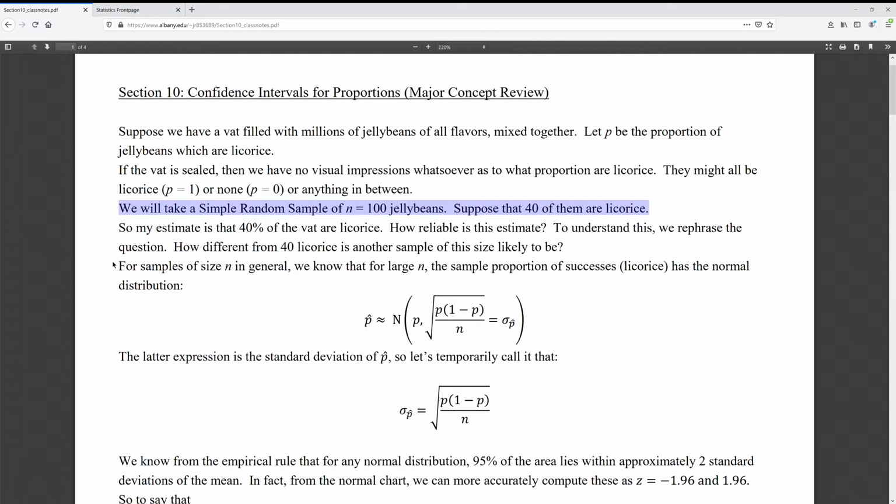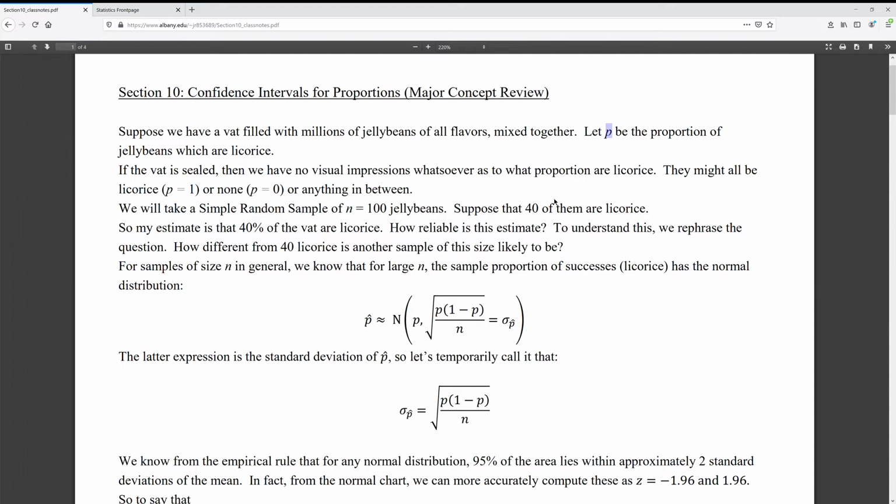At the end of the day, we're just playing the odds. 40% of the jelly beans we looked at were licorice, therefore probably about 40% of the whole vat is licorice. The rest is detail and some philosophical cleanup. Again, technically there's no probability of P being anything. It would be more to the point to say that we were probably going to get something close to what P is. So we're confident that about 40% of the vat is licorice. The rest is just mathematical detail.